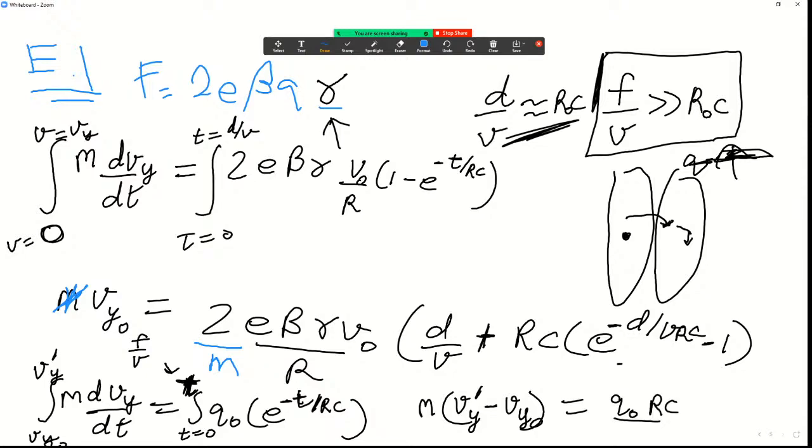RC by minus 1, e to the power minus t by RC from limit 0 to t. So if we put t, we will get this, and if we put 0, we get 1. So we can write this as 1 minus t over RC.